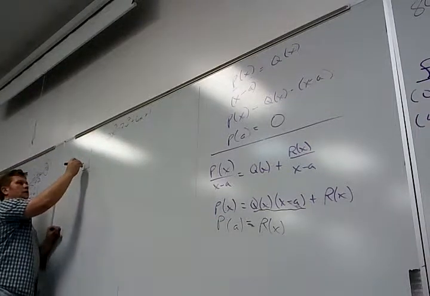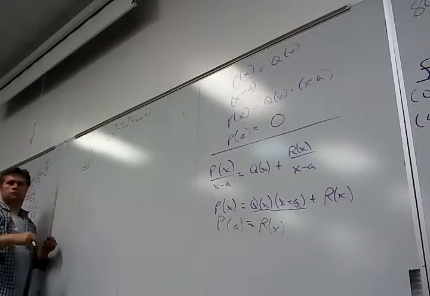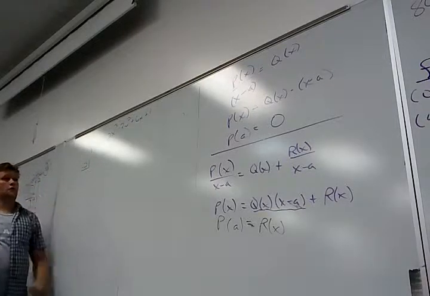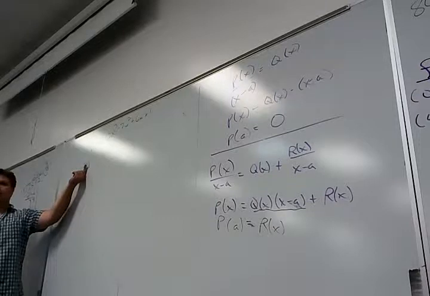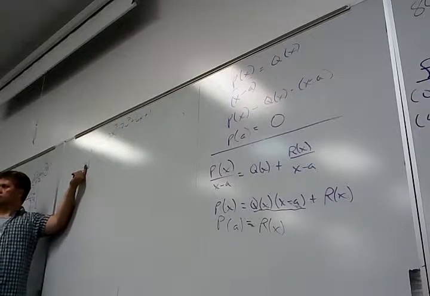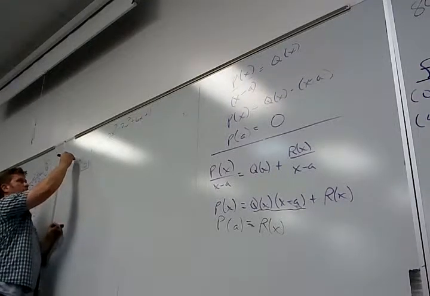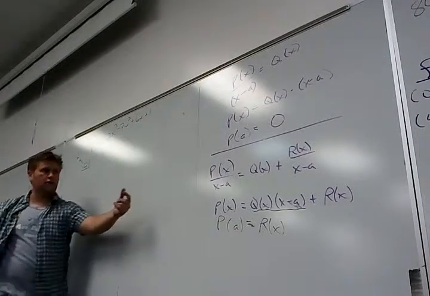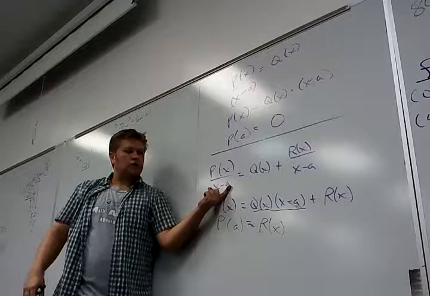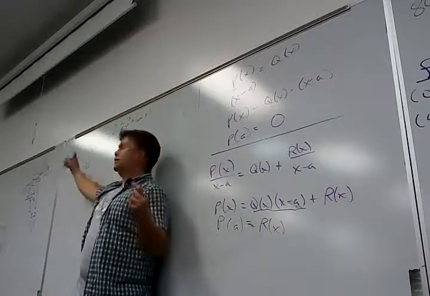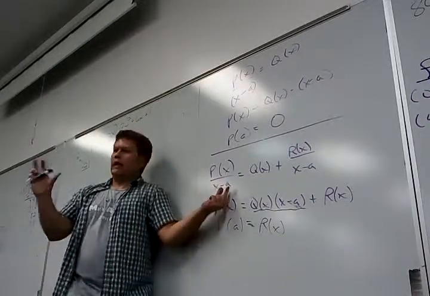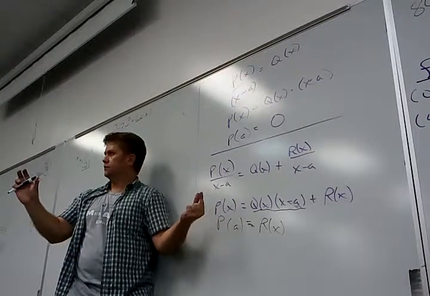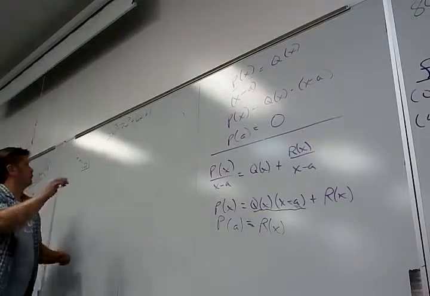Put in here negative 2. So this then is my a. You with me? This acts like my a from the theory. Because if I'm dividing by x plus 2, which is what the minus 2 relates to, a would be negative 2. That's the a piece.